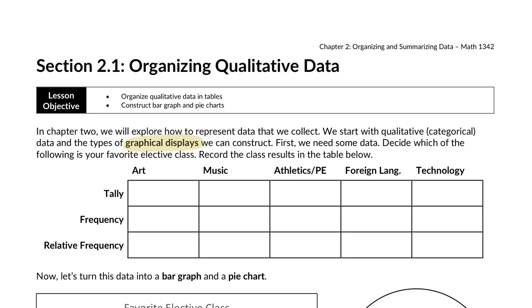And we're going to start back there with Anthony. Anthony, what is your favorite? Athletics. So everybody, we're going to put a tally mark in athletics to represent Anthony's response. Xander. Athletics. Go, keep going down the table. Foreign language. Music. Art. Andrea. Music.